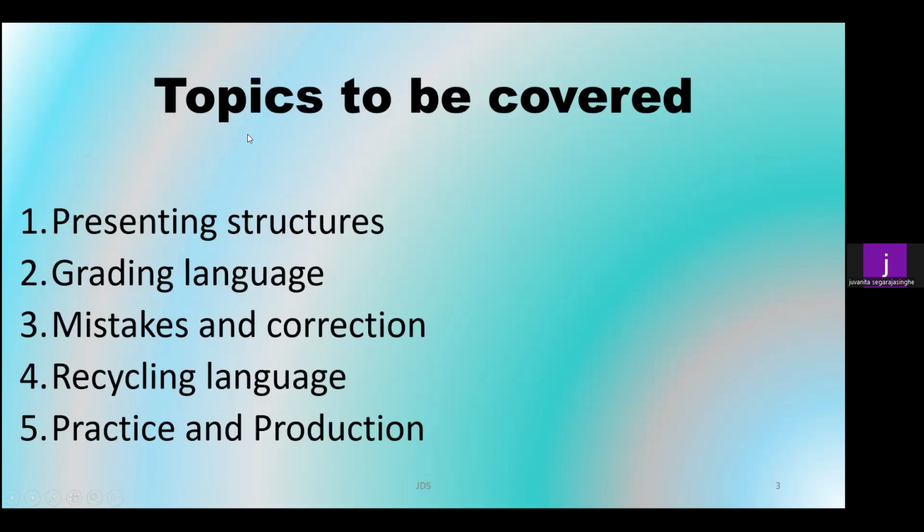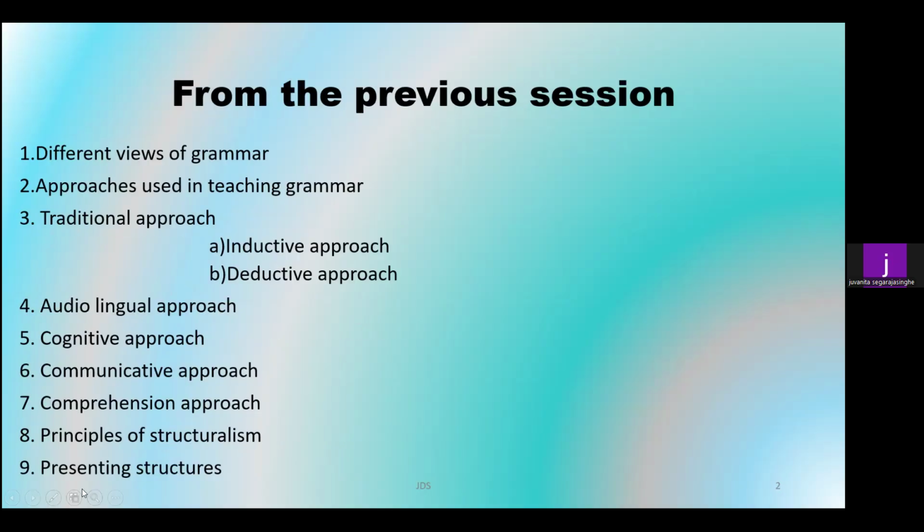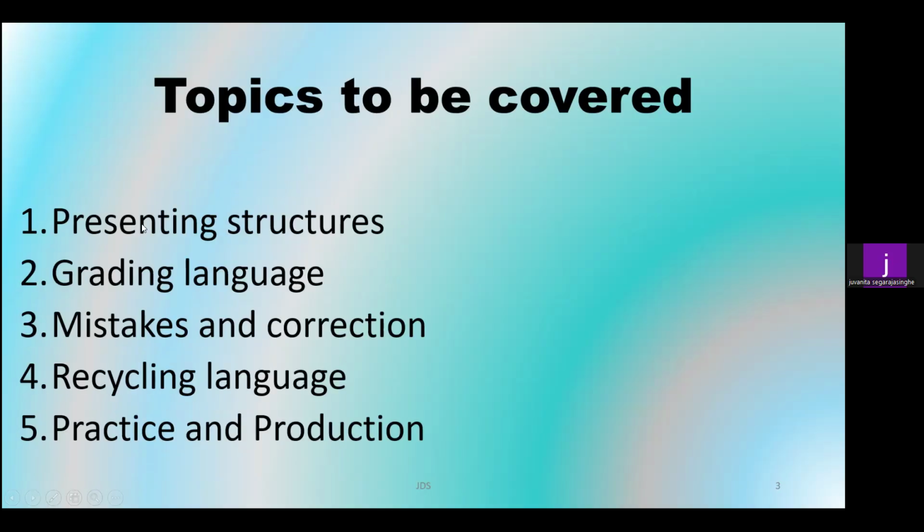Look at today's topics. Presenting structures, this one is getting repeated. Basically what we are going to discuss here is the procedure or the process involved in presenting the grammatical structures. Then grading language, how structure should be graded.